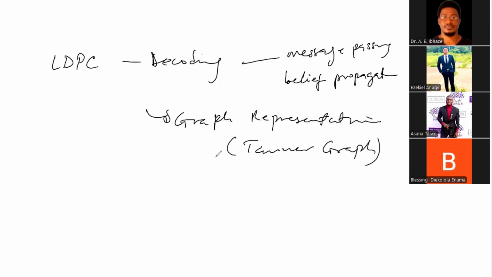In other words, the LDPC codes are represented as what they call the bipartite graph. That is, we have the variable nodes, we have the check nodes, and then we have the edge connection.